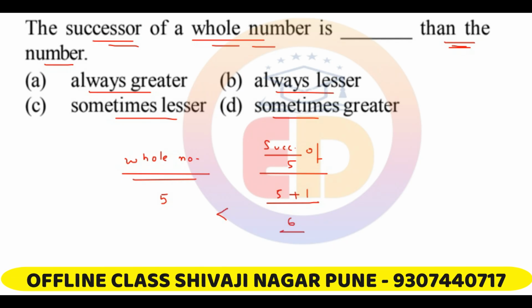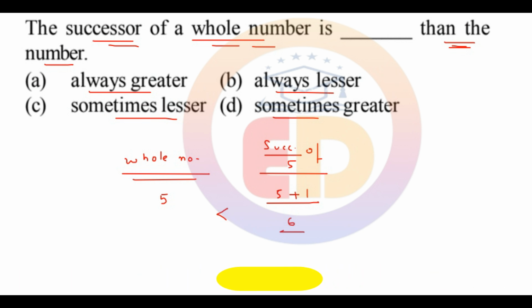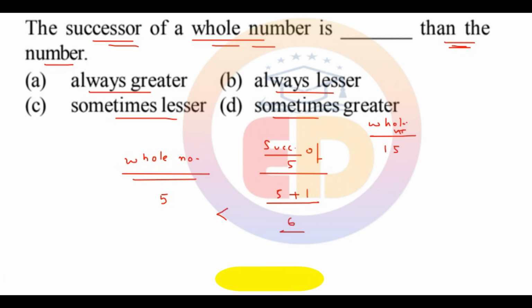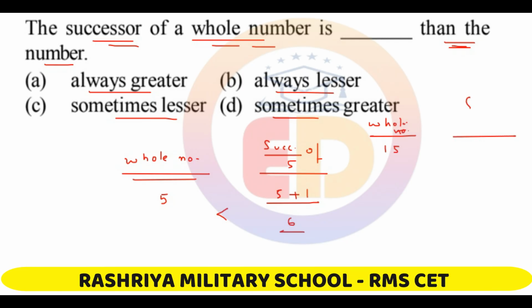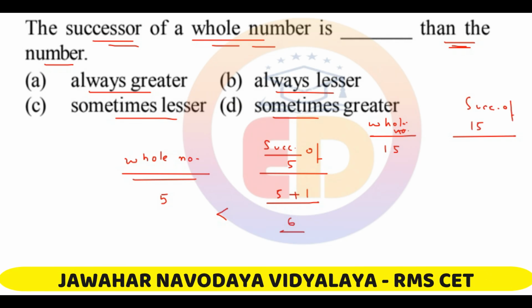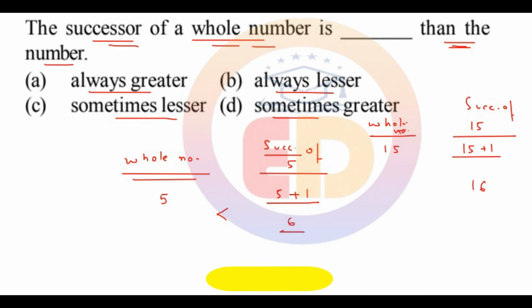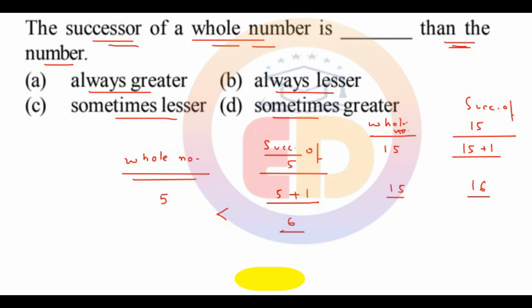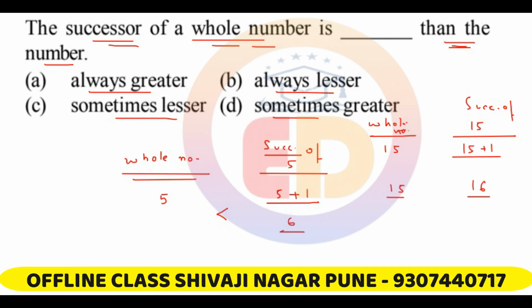Let us take another whole number 15. Successor of 15 is 15 plus 1, which is 16. So my actual whole number is 15, but its successor is 16, and I see that successor is always greater than the whole number.